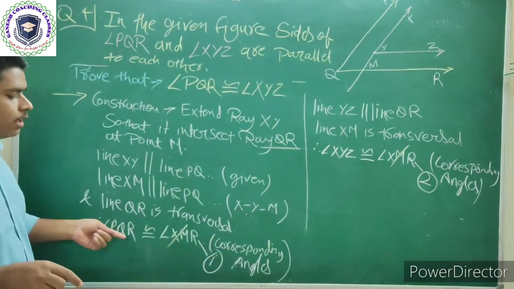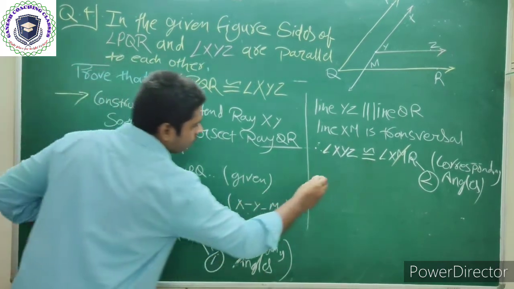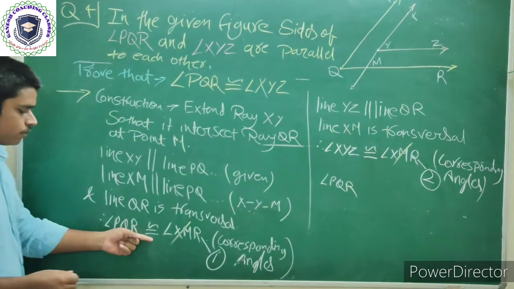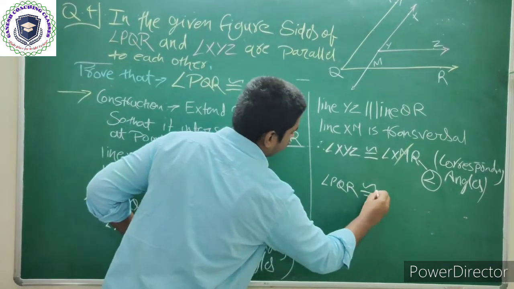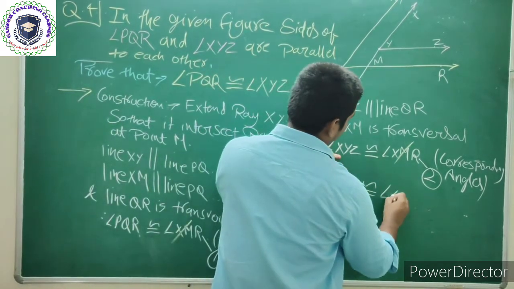So by comparing equations 1 and 2, what are we getting here? Angle PQR is congruent to, and what remains here? Angle XYZ.